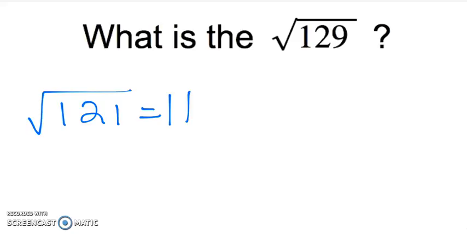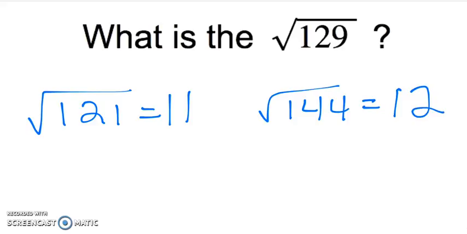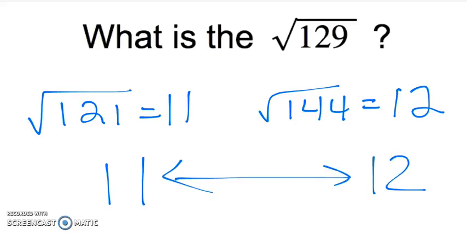And slightly larger would be the square root of 144, which is equal to 12. Therefore, we know that the square root of 129 lies somewhere between 11 and 12. So it's going to be 11 and some fraction of a number. Let's take a look at the number line to figure out that fraction.